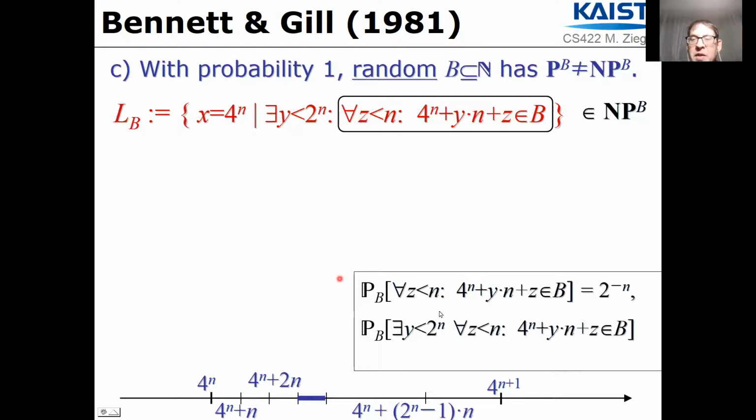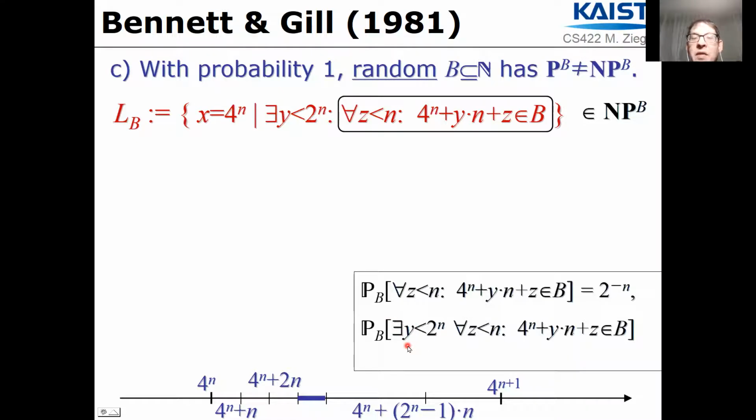Let's consider the complement event. The probability that this specific interval is not contained is of course 1 minus 2 to the minus n. And therefore, the probability that none of these intervals are contained is the complement of this event. Again, we can use independence.